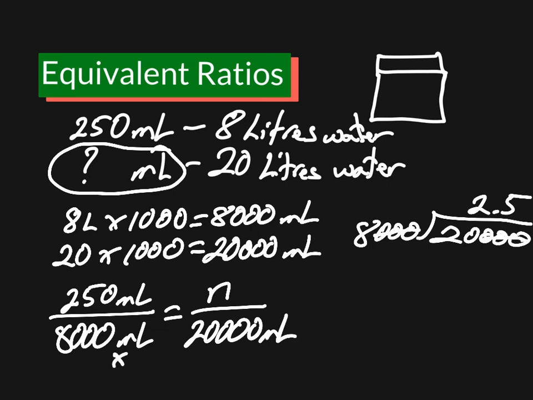So 8,000 times 2.5 is 20,000 milliliters, and 250 milliliters times 2.5, when we work that out, is going to give us 625 milliliters. So the ratio 250 milliliters to 8,000 milliliters, or 8 liters, is equivalent to 625 to 20,000 milliliters.